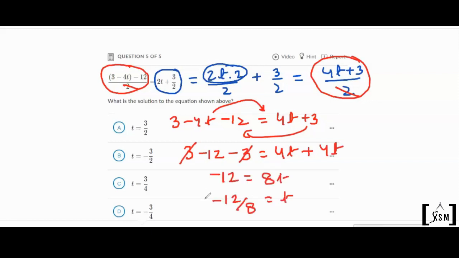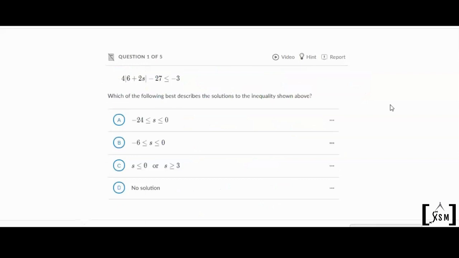Simplifying that, we'll get negative 4 over 3. Sorry, negative 3 over 2. 12 and 8 are both divisible by 4, so 4 goes 3 times and 4 goes 2 times. So my correct answer is negative 3 over 2. Option B is the correct answer. Hope it makes sense, guys.